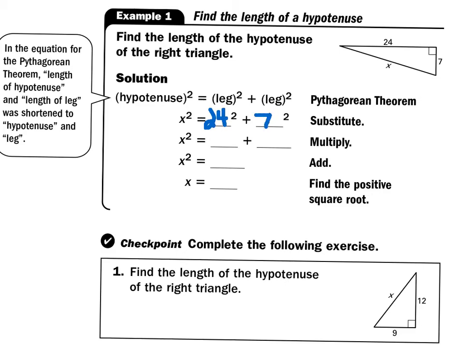We go ahead and do the math with that, which is 49 and, let's see, 576. We add those together to get 625. And then to get rid of a square on this side, we take the square root of both sides, and that gives us x equals 25.